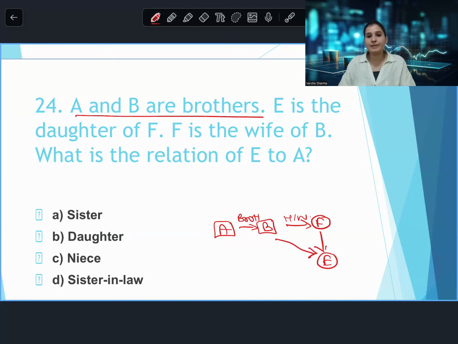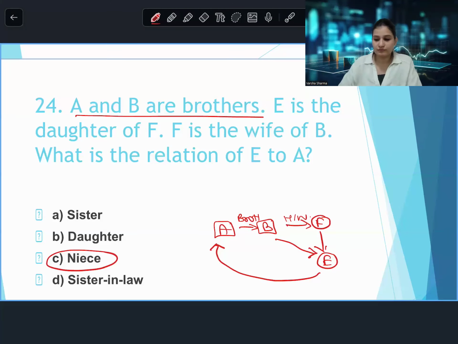She is the daughter of both B and F. What is the relation of E to A? E is the niece. Next generation. Any doubts, guys? No, ma'am. Can I move forward? Yes, ma'am.